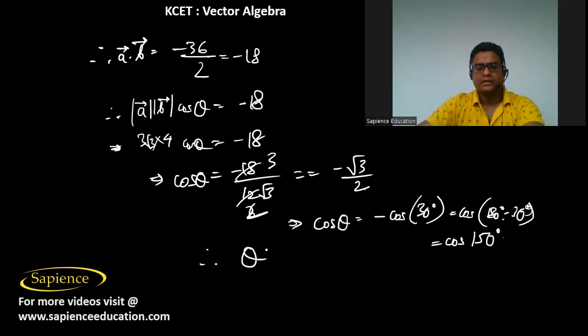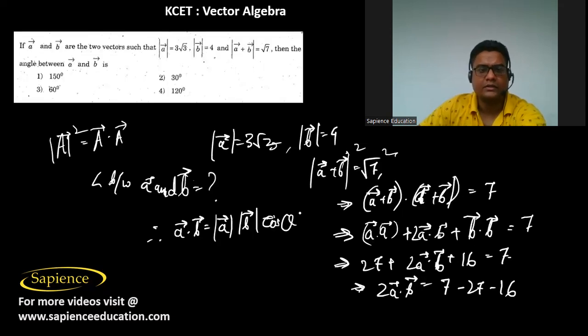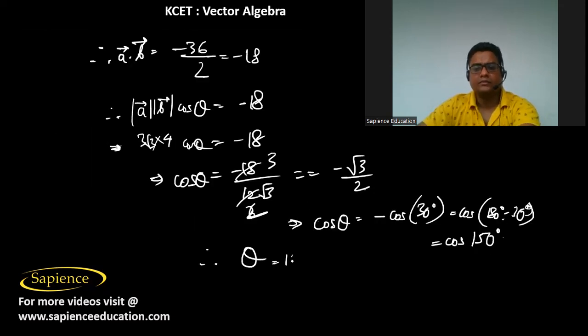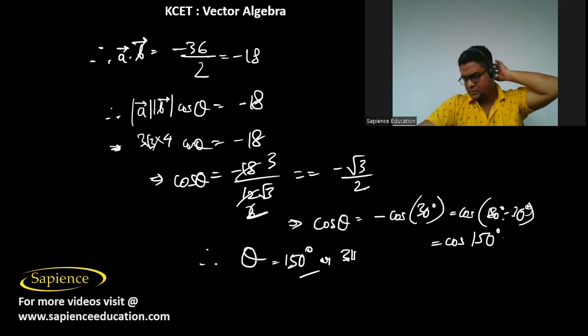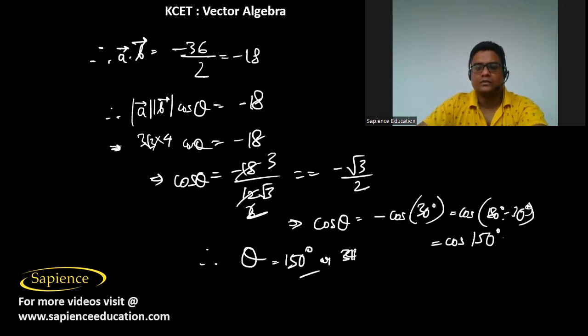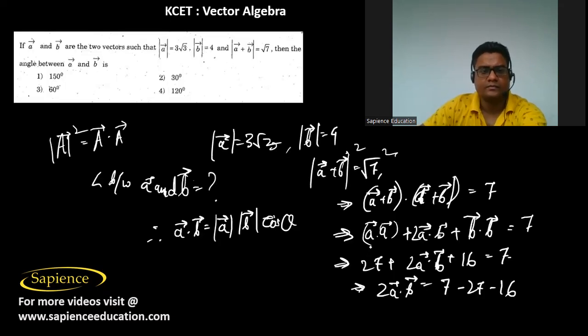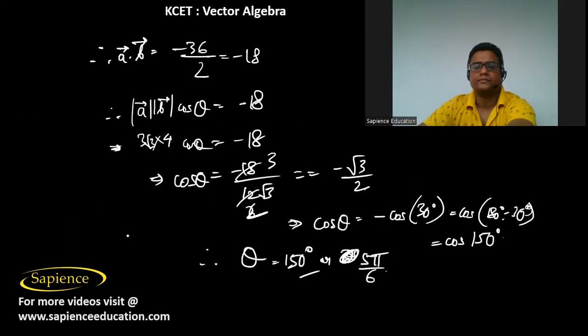Therefore the angle theta in between the vectors a and b will be 150 degrees, or I can say it will be 5 pi by 6. So it means that option 1 is the correct answer.